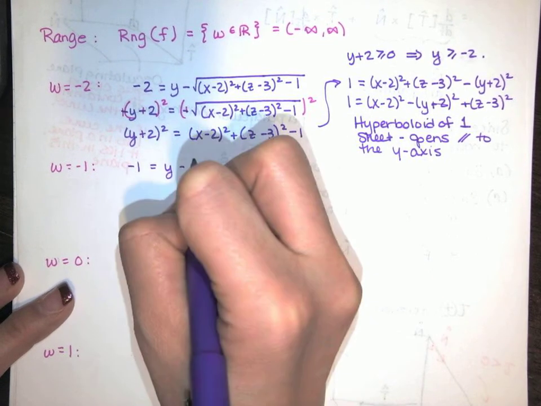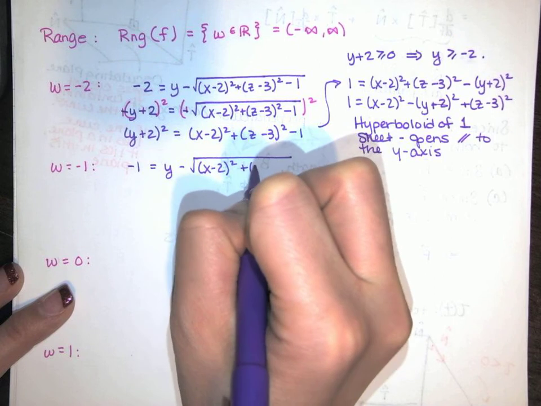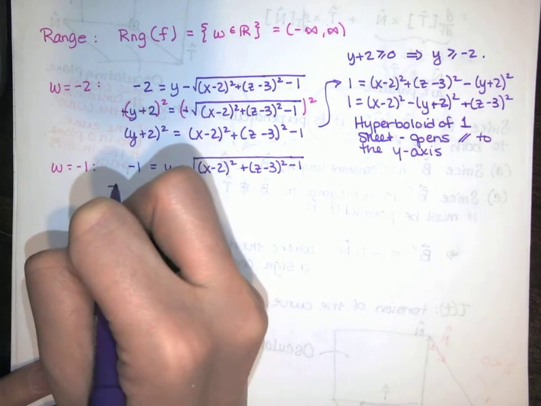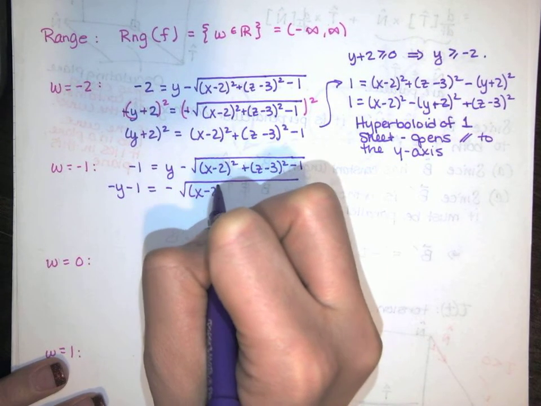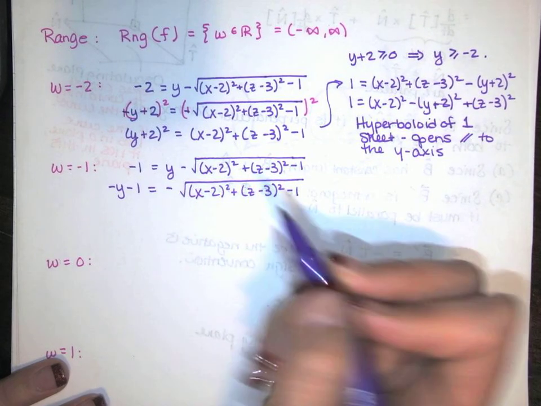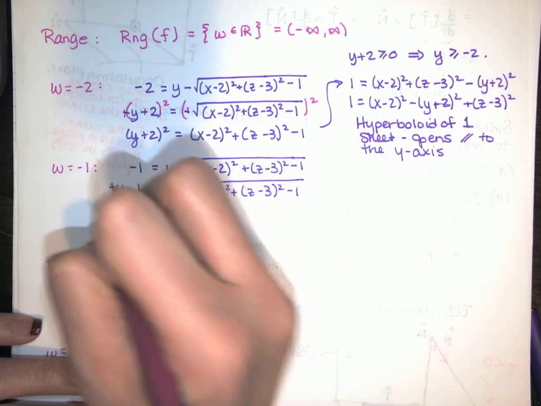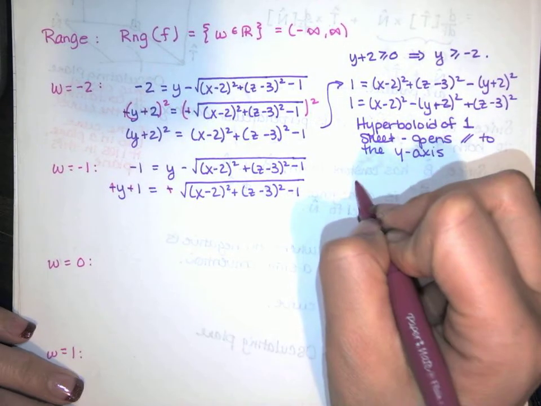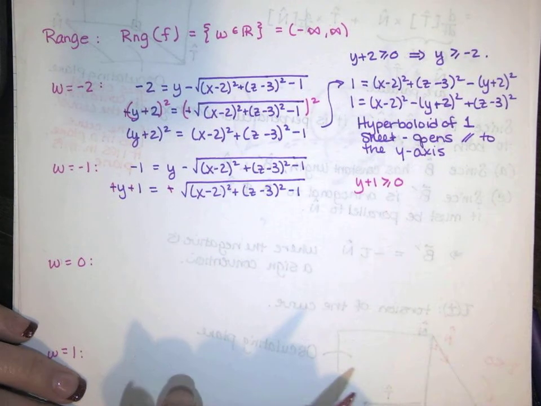Well, I think pretty much everything's going to stay the same. We subtract the y from both sides. Multiply both sides by negative 1. So then this time we've got y plus 1 has to be positive, or possibly 0, because we're taking a positive square root over here.